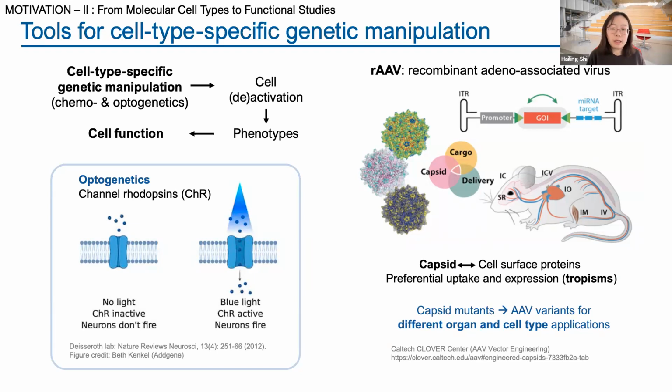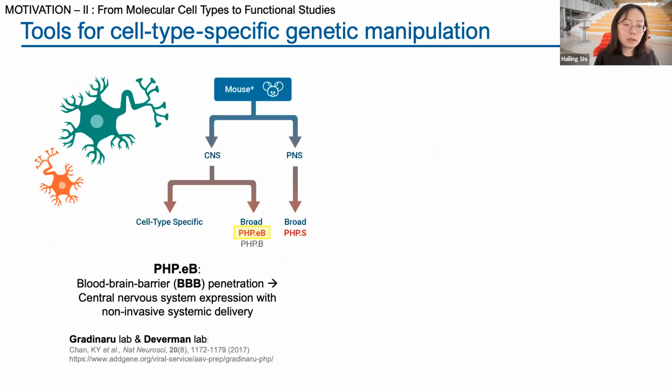And indeed, there are many engineering efforts surrounding the capsid protein of the AAV to achieve different organ and cell type preferences. One example is from the Gradinaru lab and also the Deverman lab at the Broad Institute.